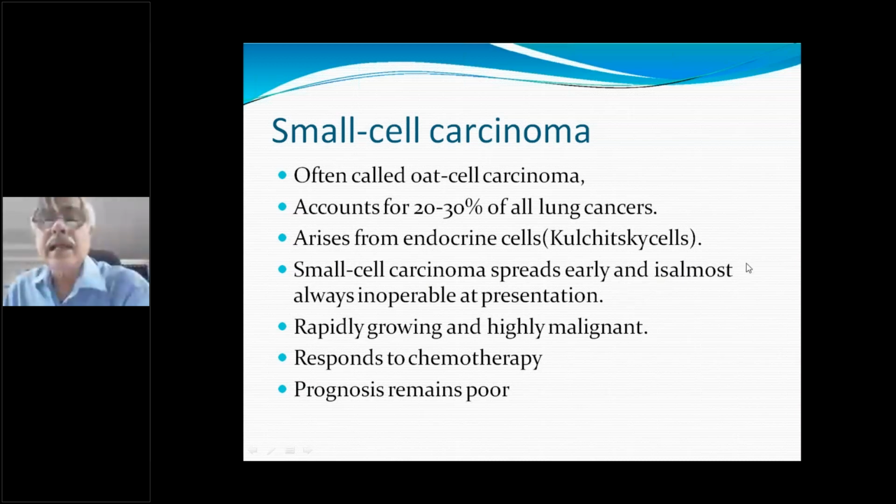They spread early and are almost inoperable at presentation. In small cell carcinoma, surgery is not indicated, because by the time you know that it's a small cell carcinoma, metastasis is already there. So you have to give only chemotherapy there. Prognosis is very poor. Chemotherapy and radiotherapy, because they are rapidly growing, highly malignant, always inoperable, spread early, Kulchitsky cells are present, and they are all neuroendocrine cells.